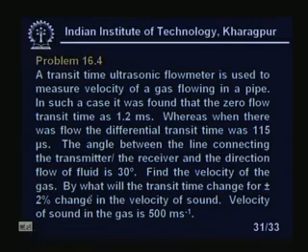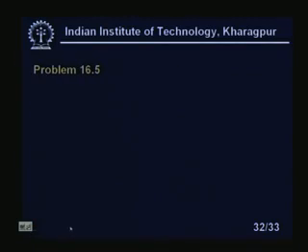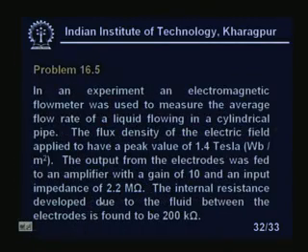Now, let us look at problem number 5. Problem number 5 is on the electromagnetic flow meter. In an experiment, an electromagnetic flow meter was used to measure the average flow rate of a liquid flowing in a cylindrical pipe. The flux density of the electric field applied has a peak value of 1.4 Tesla, Weber per meter square. The output from the electrodes was fed to an amplifier with a gain of 10, an input impedance of 2.2 megohm.